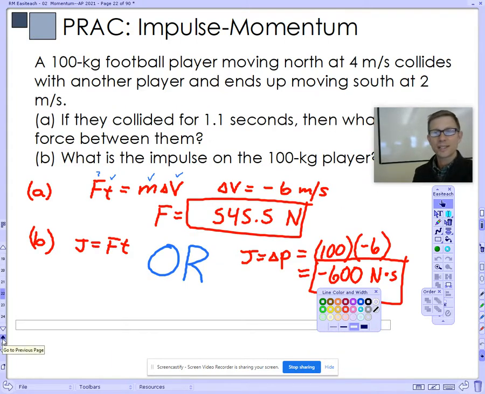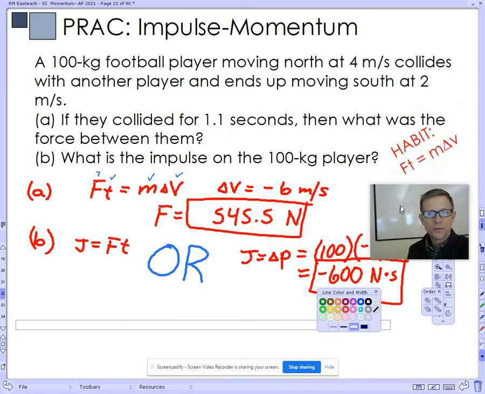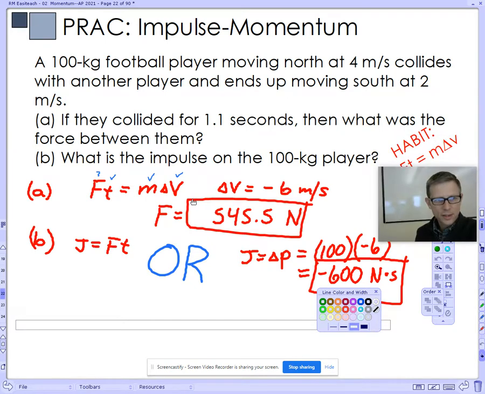Is this force and acceleration? If you list what you know, which I didn't model very well, I could, but let me do it verbally. If I list what I know, I have m, I have v, I have t, and I'm asked for an F. Man, does that suggest Ft equals m delta v.